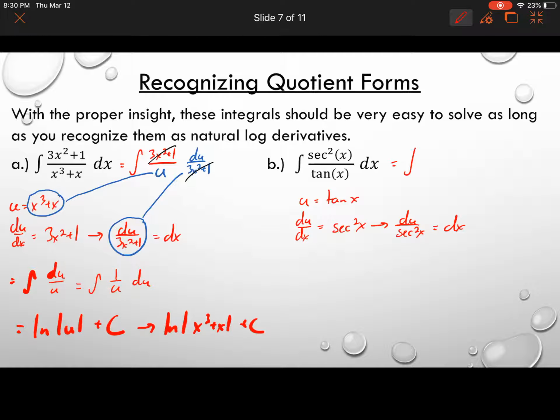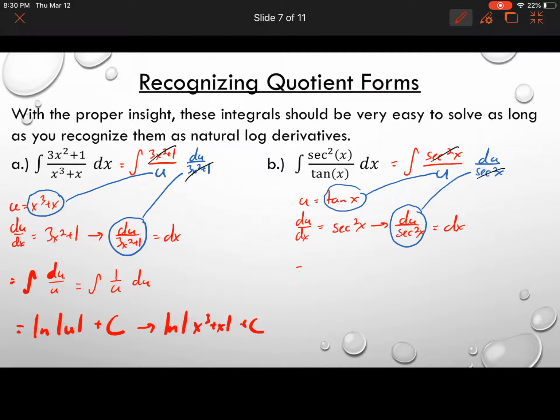If we make the substitutions, we get the integral of secant squared of x over u now, right? Because tangent of x is equal to u. And now dx is equal to du over secant squared of x. So that dx is replaced with du over secant squared of x. Just like the other problem, the secant squareds of x cancel out.